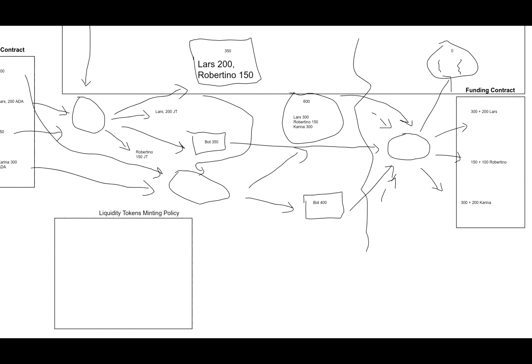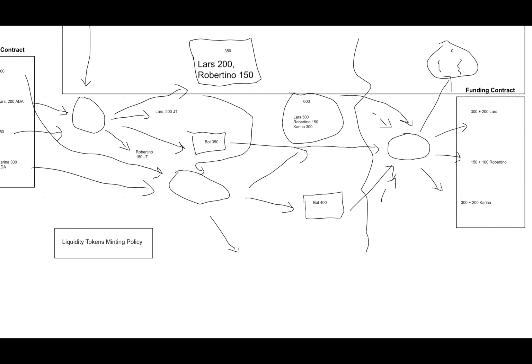And same, where was the other one? Here. So there we would also have an output there.